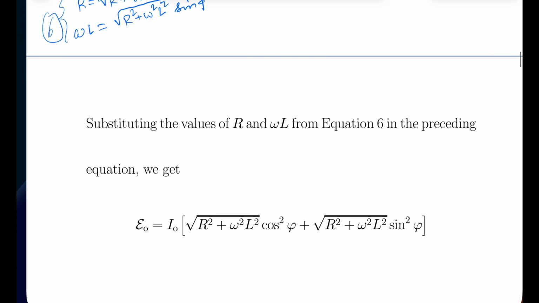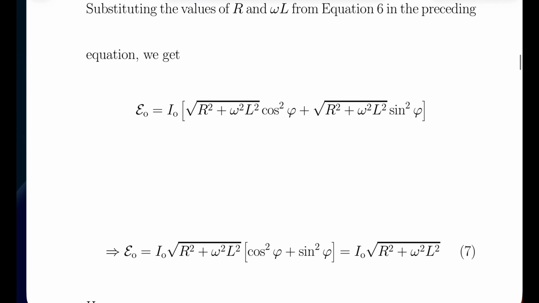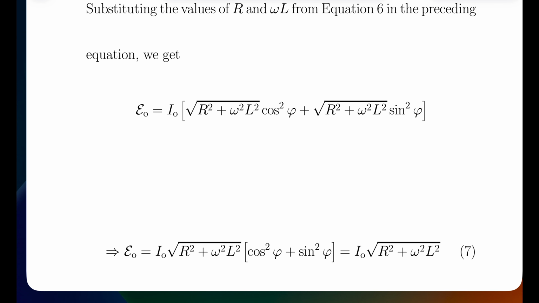We get E naught equal to I naught within bracket R square plus omega square L square cos square phi plus R square plus omega square L square sin square phi, root over. So this term is common, so I take it outside the bracket. This gives you E naught equal to I naught root over R square plus omega square L square into cos square phi plus sin square phi.